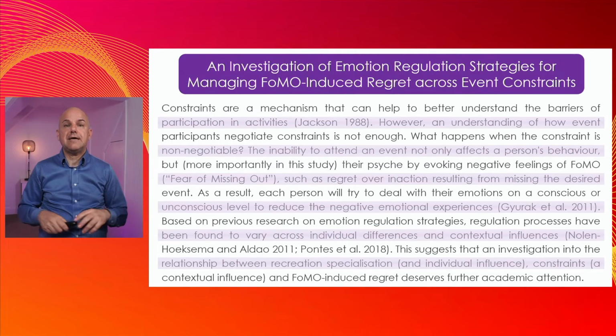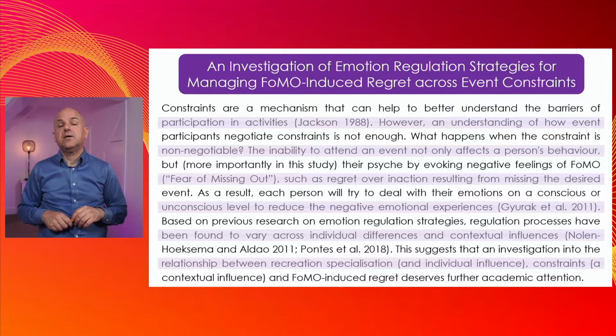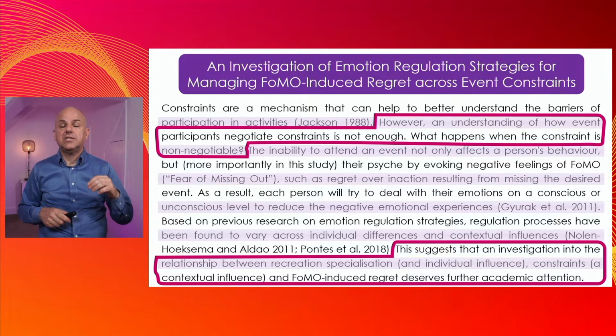Let's look at an example, and we have as an example a paragraph from a dissertation on Emotion Regulation Strategies for Managing FOMO-Induced Regret Across Event Constraints. And the student did extremely well, and she was very good at making the academic, the theoretical case for the research.